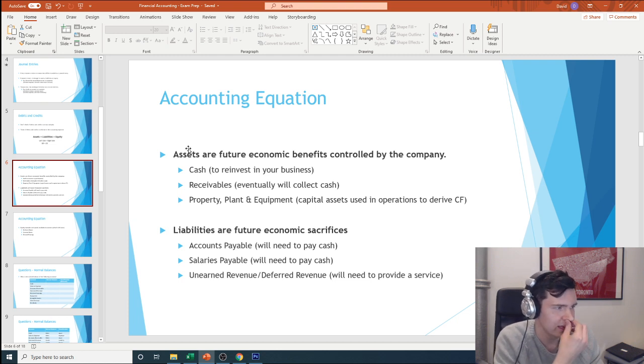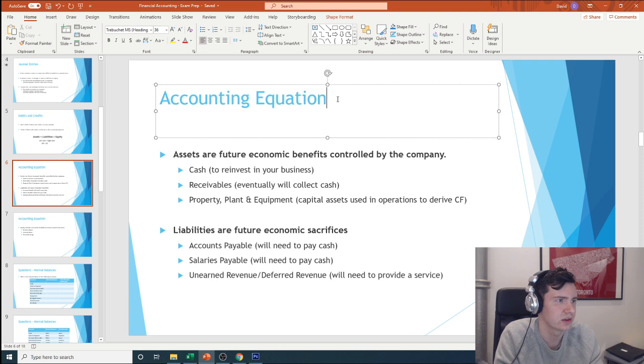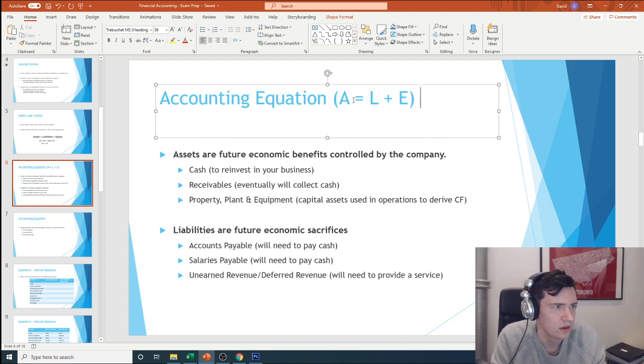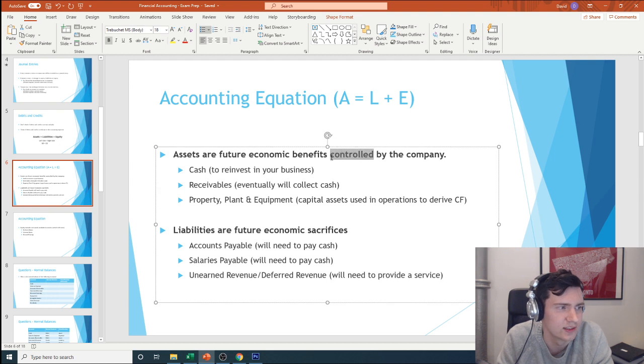Now, the accounting equation, which is assets equal liabilities plus equity. You can think of assets as future economic benefits that are going to be controlled by the company. Note that it's controlled.